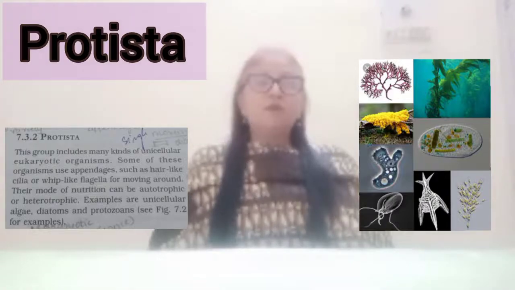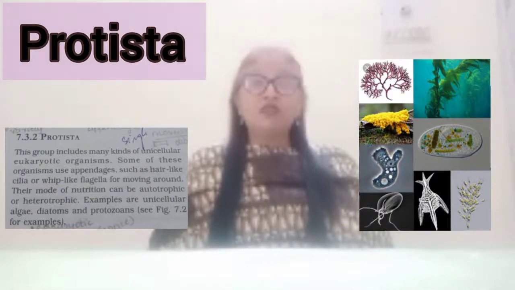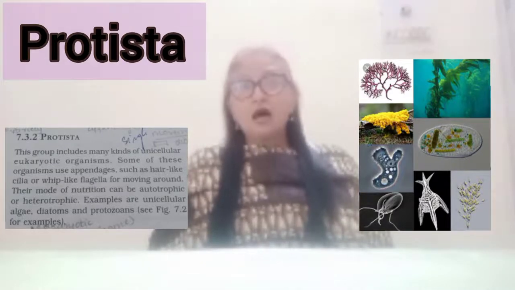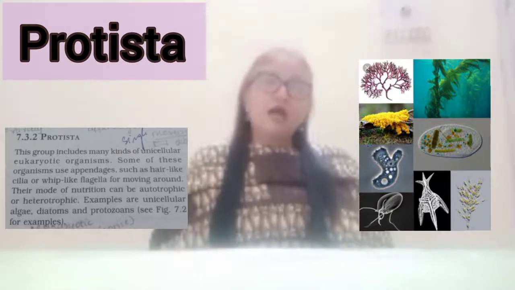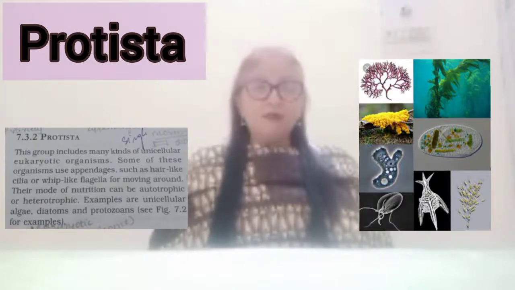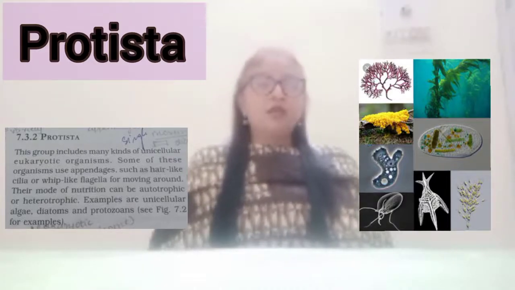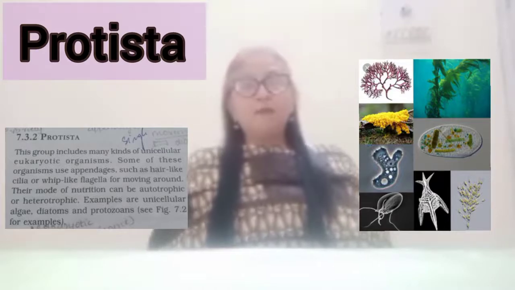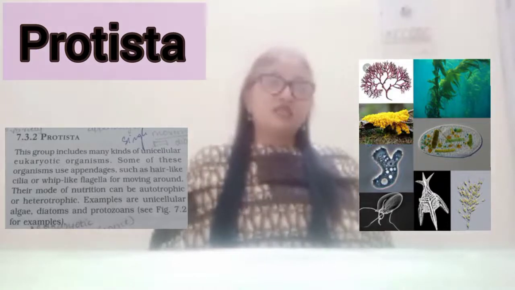The last group is protozoans. Protozoans you might be very familiar because we have been studying the various examples. They are amoeba, paramecium and euglena. Amoeba, the appendage is pseudopodia. In case of paramecium, it is cilia, and euglena, it is a whip-like structure called flagella.